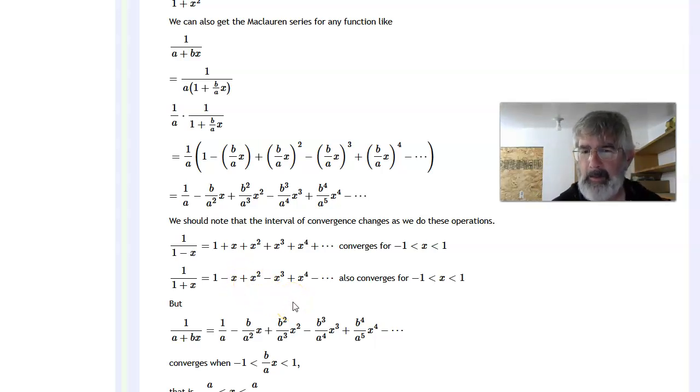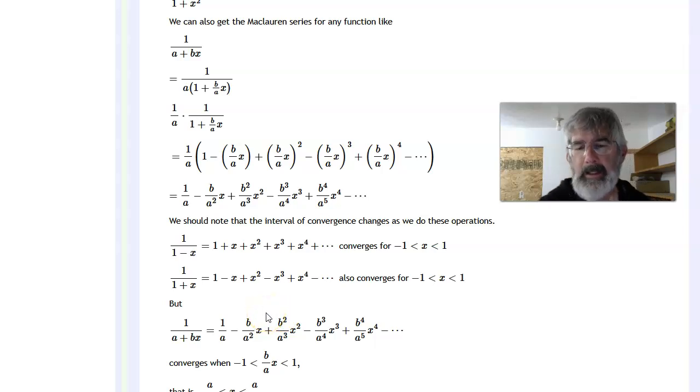And remember, we got that interval of convergence by noting that geometric series converge when that constant multiplier is less than 1, right? So that as you go from one term to the next, you're always multiplying by the same thing. In this one, you're always multiplying by x. In this one right here, you're always multiplying by minus x.